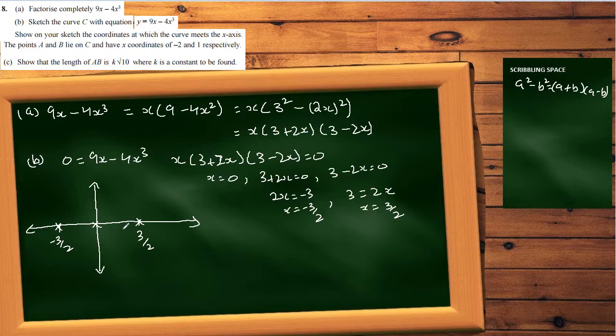Now in order to do so, a simple check would be, we have the original expression with us, y equals 9x minus 4x cubed, and we know that x equals minus 3 over 2 is one of the roots, right? So we can put a number less than minus 3 over 2 and see whether we get a positive or a negative answer.